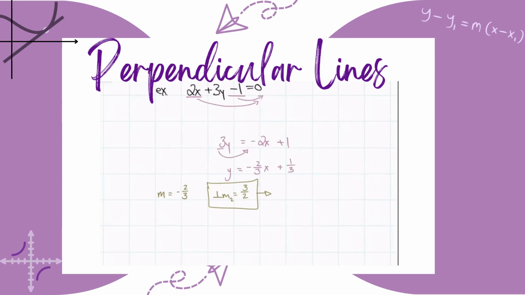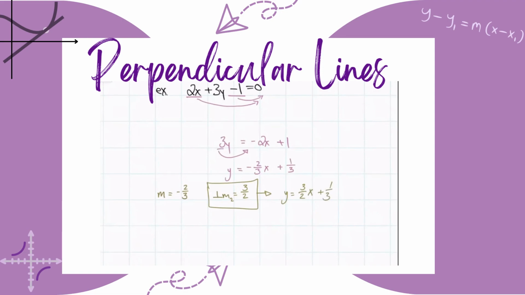Can you tell me an equation? Would it just be y equals 3 over 2x plus 1 over 3? Yeah, we could have the same y-intercept, okay?